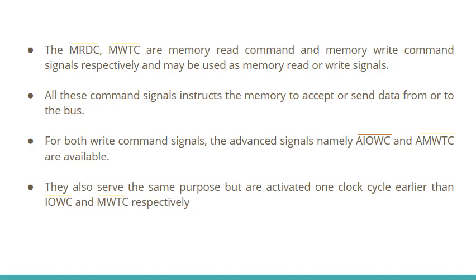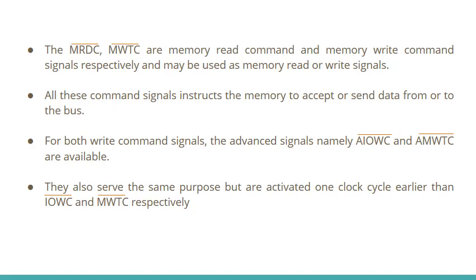Next, we have the memory read command and the memory write command. These are denoted by the MRDC bar and MWTC bar, which indicate a memory read command and a memory write command respectively. Both these commands instruct the memory to accept or send data from or to the bus. For both the write command signals, that is for both the memory write command signal and the IO write command signal, there are advanced signals that are available.